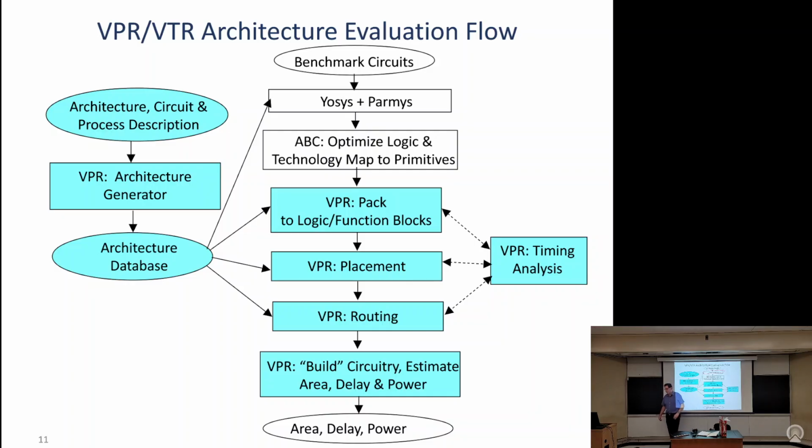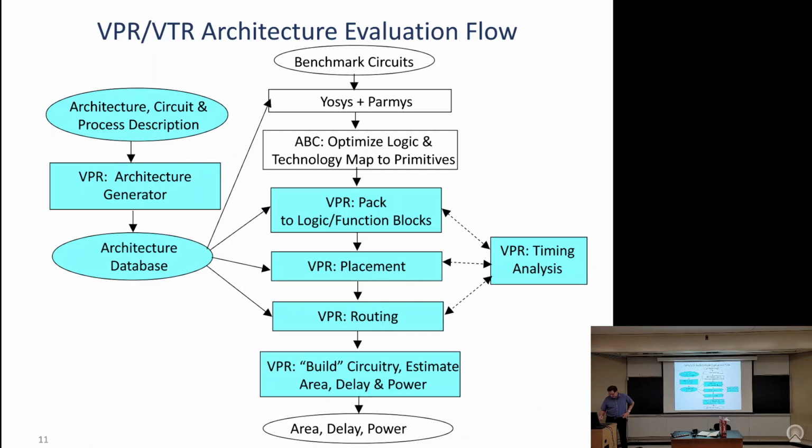So the combination of this, you can retarget your synthesis engine by changing this architecture description, okay? Yosys really is about taking HDL and turning it into gates, and then it calls ABC to optimize them and technology map the primitives, and it calls Parmys to say, what do I do about hard blocks? So that's kind of how that whole synthesis flow works.